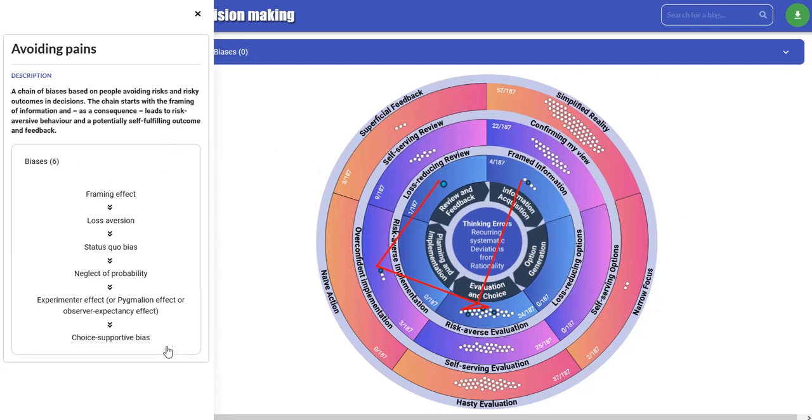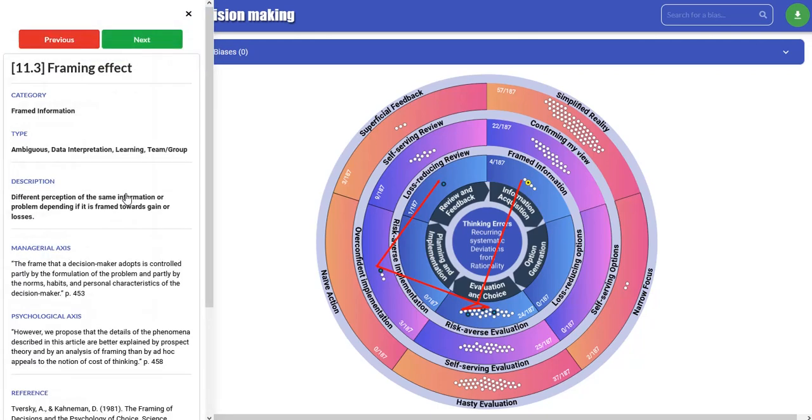You see the biases and how they are connected. In this example, a framing effect leads to loss aversion in decision making, a status quo bias in the evaluation and choice, neglect of probability, the experimenter effect also in the implementation phase, and finally a choice supportive bias in feedback and review. If you'd like to know more about the specific bias, just click and you see a detailed description.